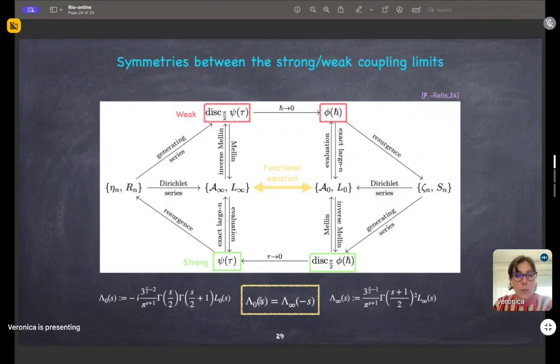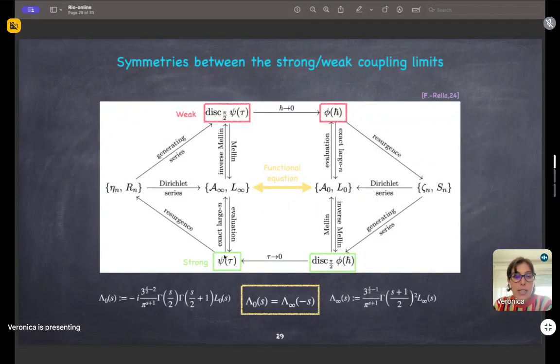Then you need the functional equation to make sense of that. And since the functional equation is symmetric in this way, you see essentially the other type of discontinuity, the other type of perturbative invariant. This is what we observe for local P2.